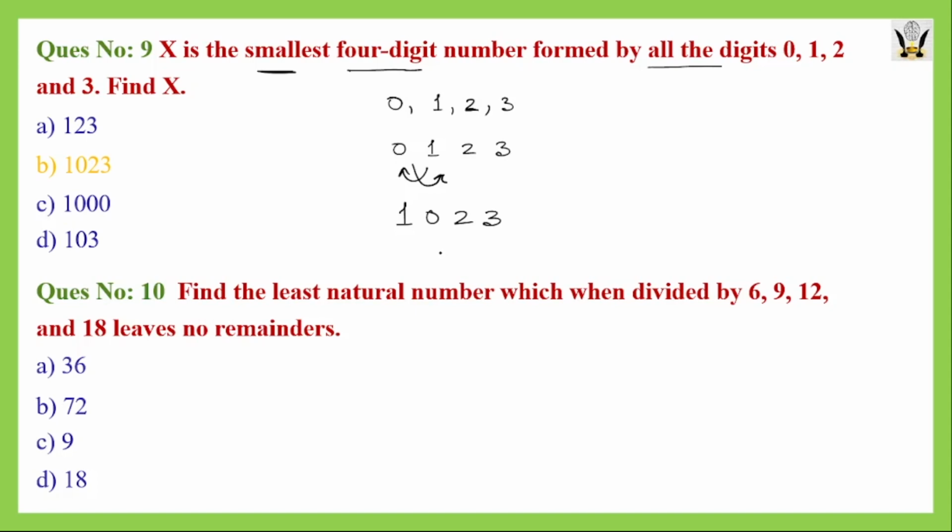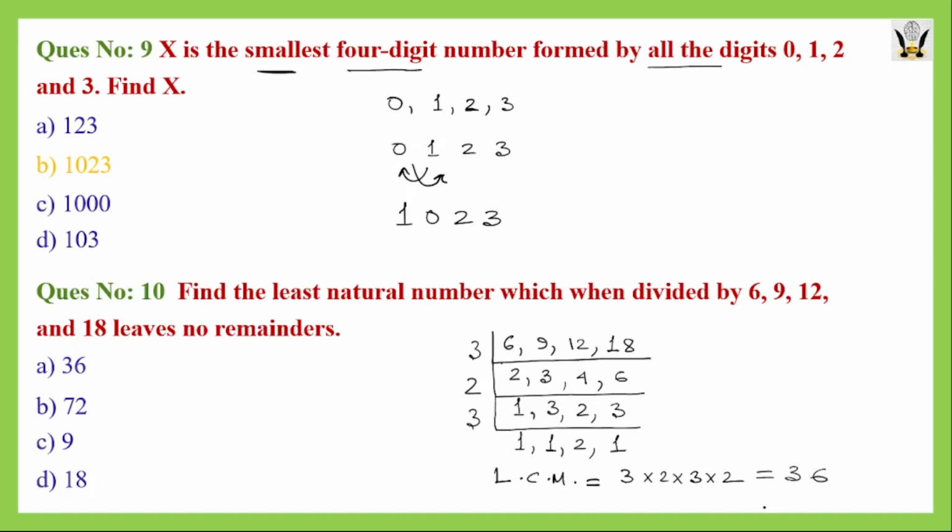So 6, 9, 12 and 18 will be factors of that number which we need to find, and that number will be a multiple of these four numbers, and the least such multiple. So for this type of problem, we have to find the LCM, least common multiple. We know the rule of finding the LCM of the given numbers, and here the LCM for these four numbers is 36. So for us the correct option will be 36, which is option A.